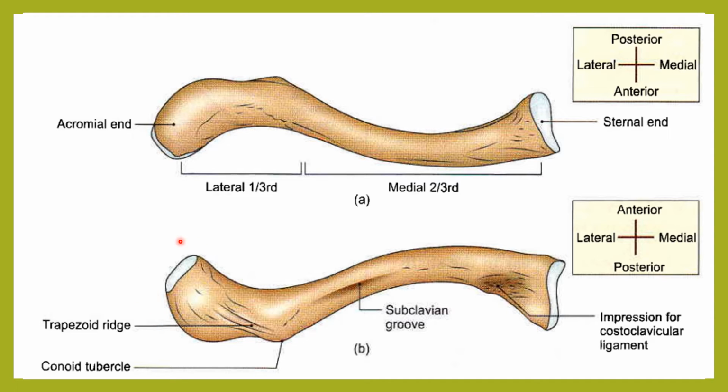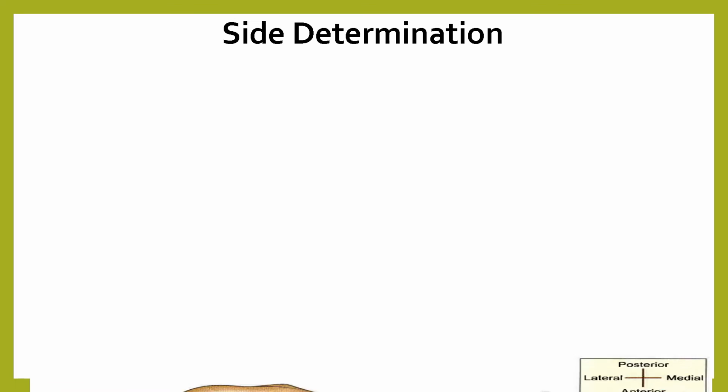And another point, you can see that in medial two-third it is convex forward, and in lateral one-third it is concave forward. And in the third point, you can see there is a groove which is present in the inferior surface. On these 3 points we can do side determination.